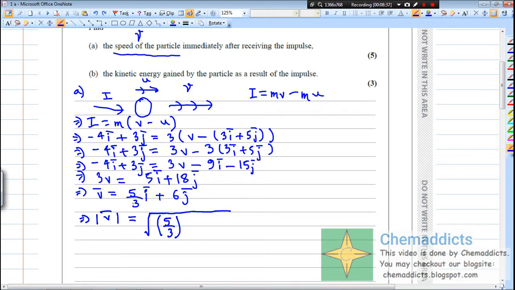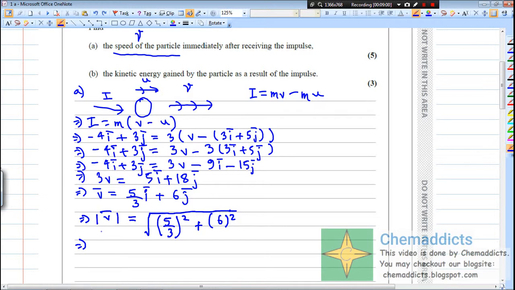Here all we're gonna do is at first give the square root, then we are going to use the coefficient of i whole square plus 6 whole square, as it is.